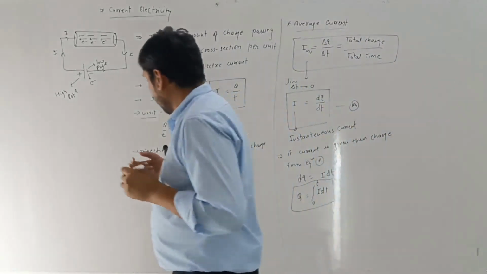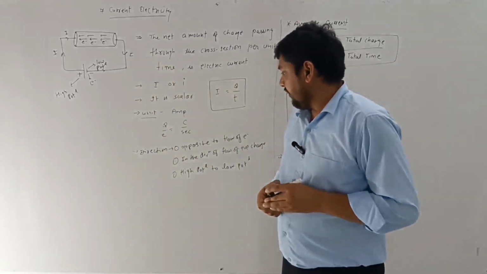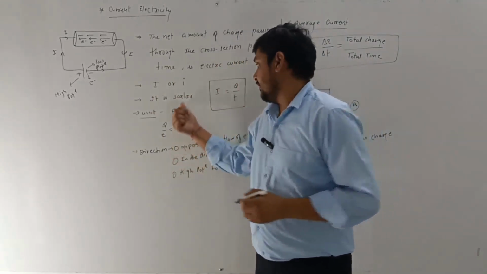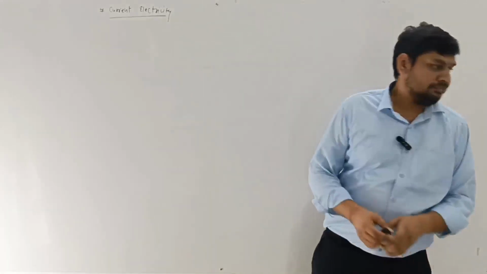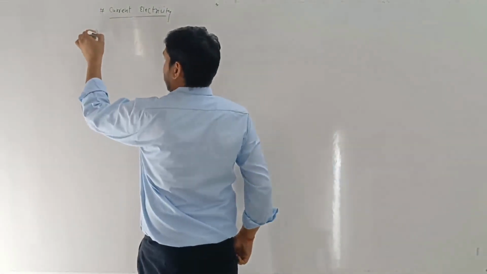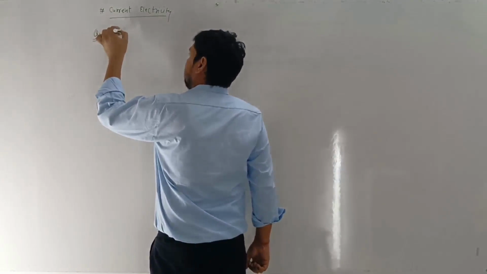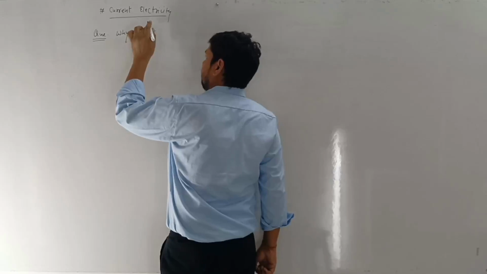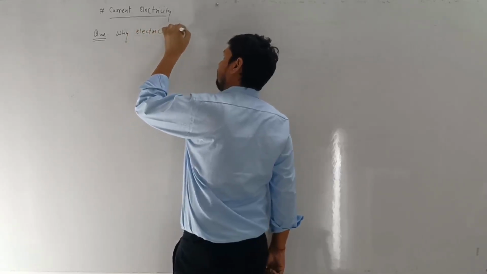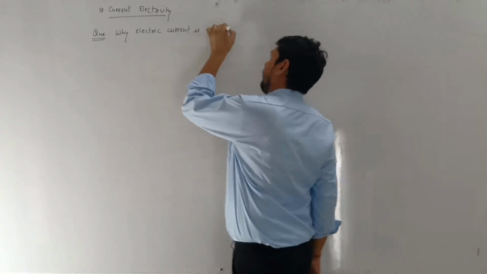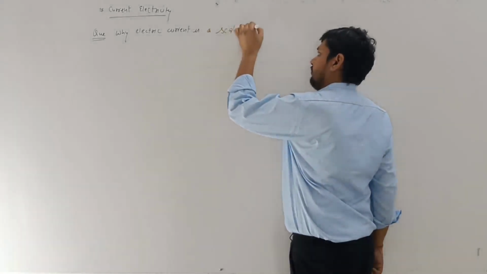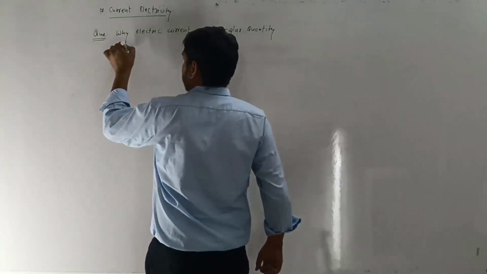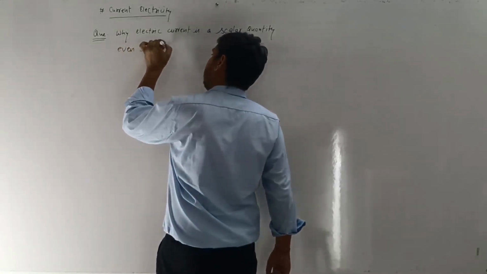Now, in your mind there may be a question: if the quantity has direction, then why is it a scalar quantity? Question: why is electric current a scalar quantity even though it has direction?